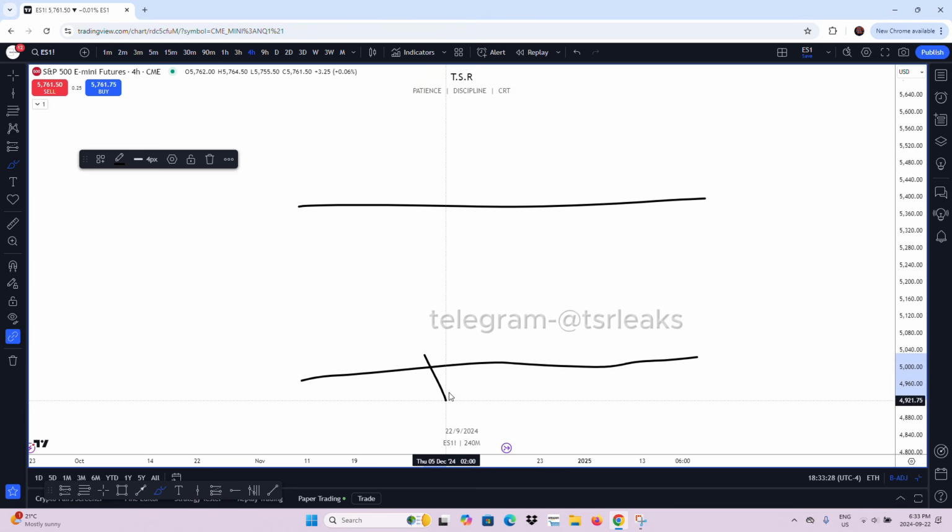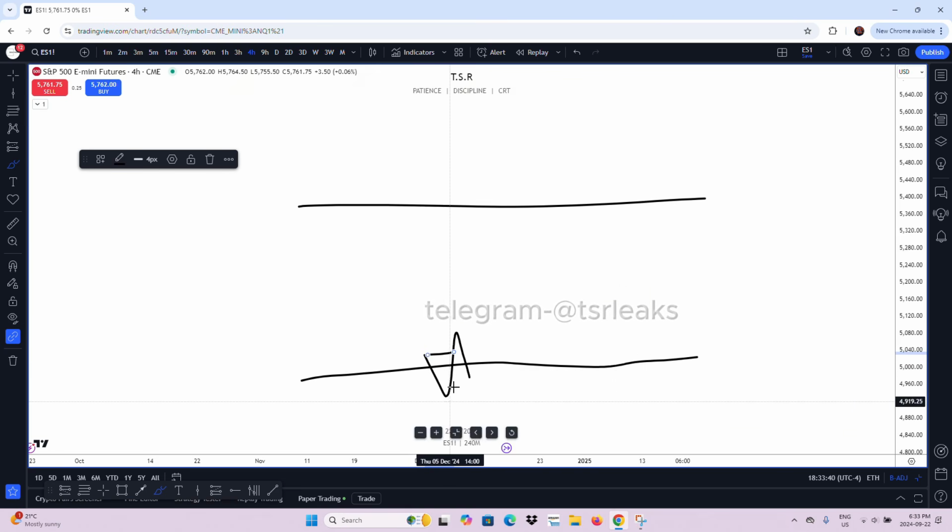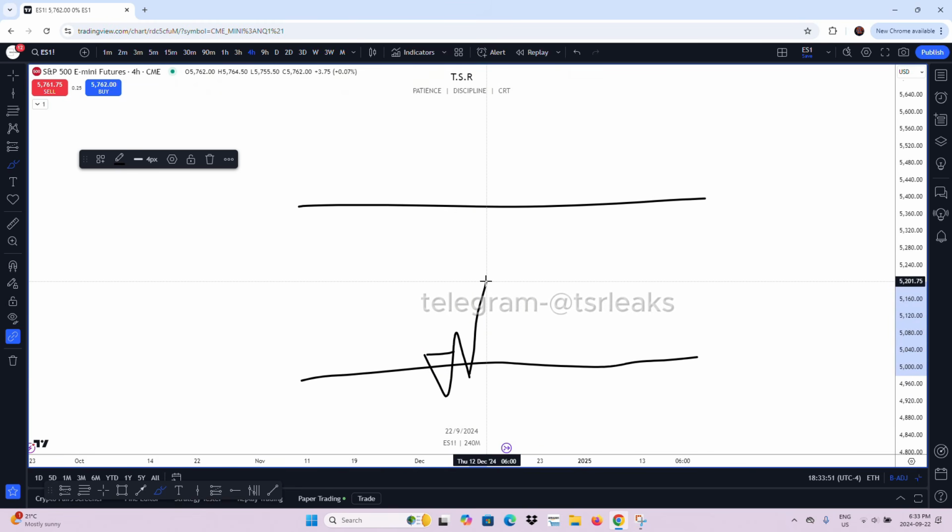So we have the turtle soup of the low. We will then have the order block entry, CSD, right? Close above the down close candle, the thick down close candle that tapped into liquidity. That is the order block. Order block entry long.